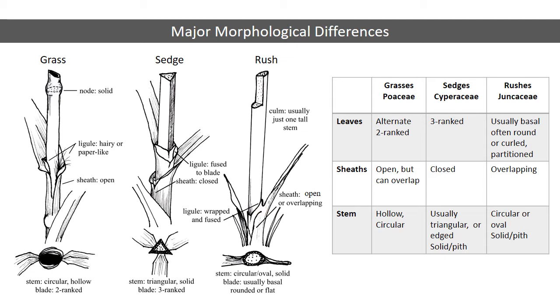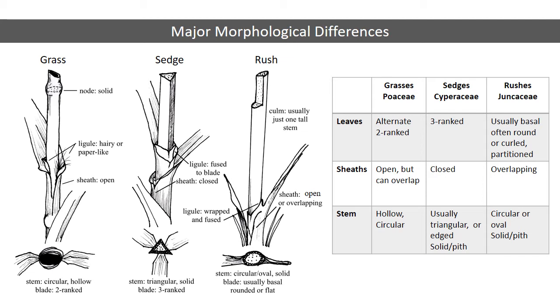The other thing with the rushes and the blades is that oftentimes they're rolled, and they're almost always going to be more basal, so they're going to be located towards the bottom of the stem or the soil itself. With grasses, they're going to have two alternate leaves, one on each side of the stem.